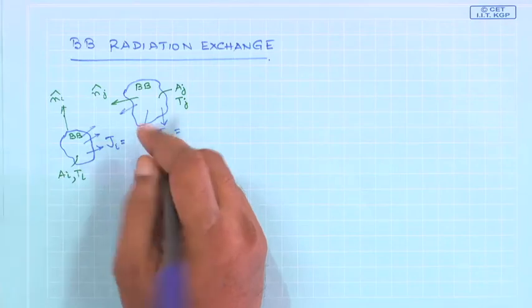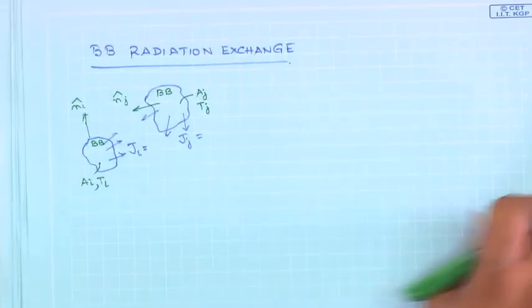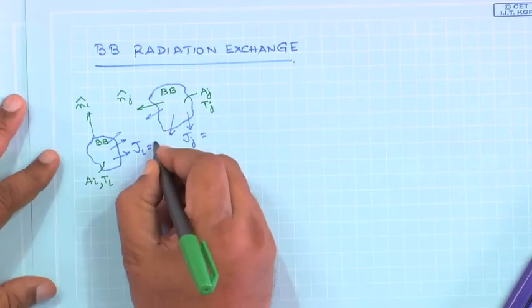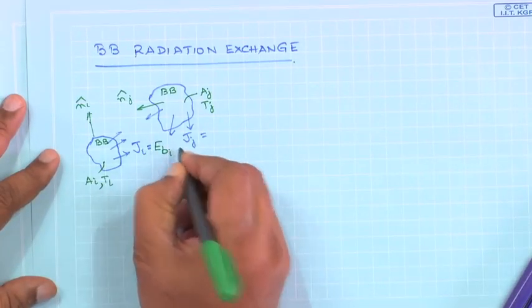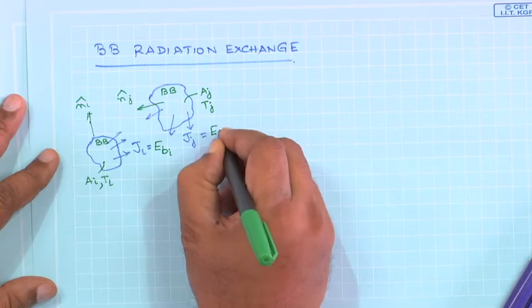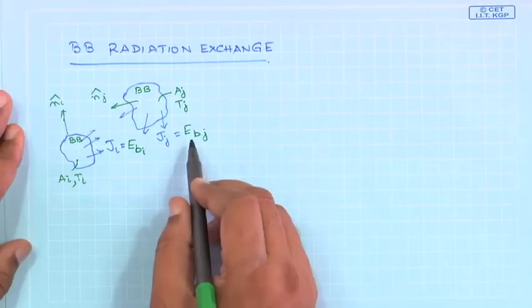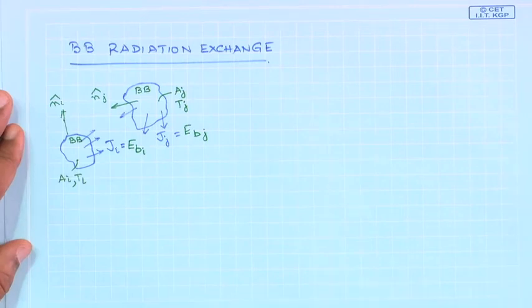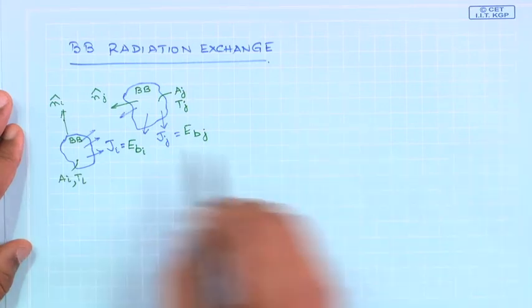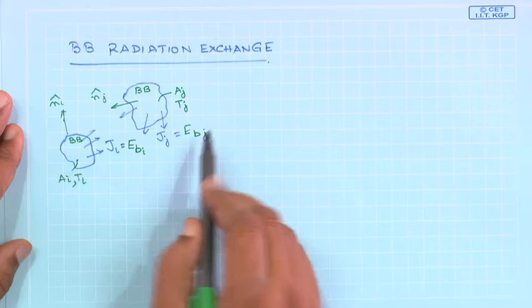So, for this case only, Ji is simply going to be equal to Ebi and Jj is going to be equal to Ebj, which tells us that the radiosities are going to be replaced by Ebi and Ebj.